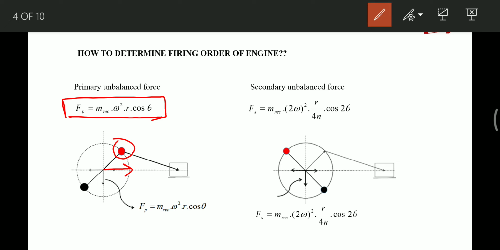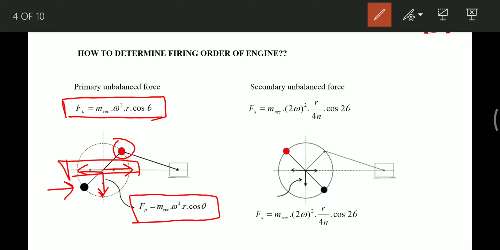To balance that force, if we put a counterweight in the opposite direction, the forces produced by this counterweight will be in the horizontal direction and in the vertical direction. The forces in the horizontal direction will cancel each other, and there will be a net force in the vertical direction. The magnitude of this net force will be the same as that of the primary force before balancing, but its direction will be changed to perpendicular to the axis of the piston or the cylinder.